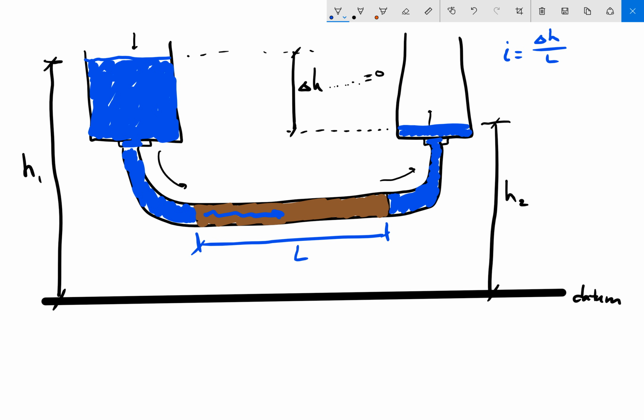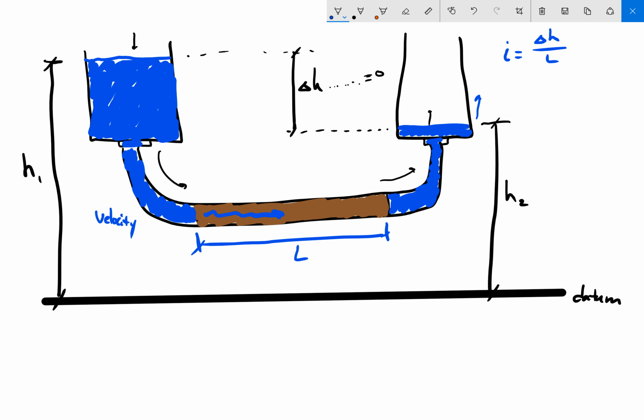At the beginning of the test, like this, he was measuring the velocity of the water. And he noticed that the velocity of this drawdown in tank number 1 was really fast at the beginning of the test. And the velocity of the uptake in tank 2 is really fast.